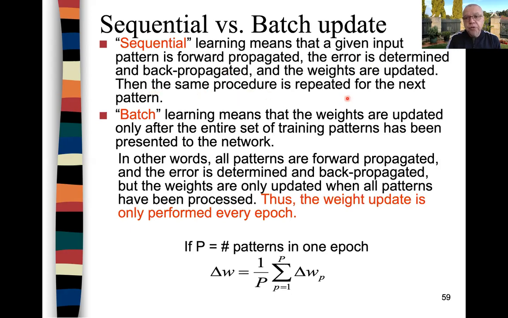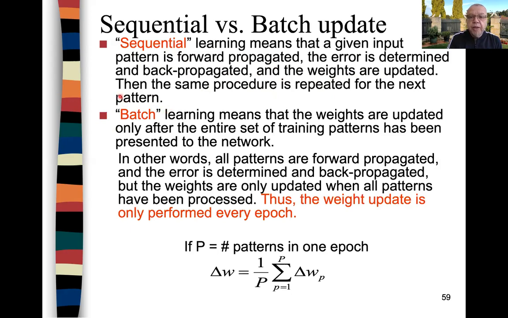Then you do the same thing for the next pattern, and then the third pattern, fourth pattern, and so on. So you do the weight update in a sequential manner, meaning every time you input a pattern to your network, or to your multi-layer perceptron in this case.